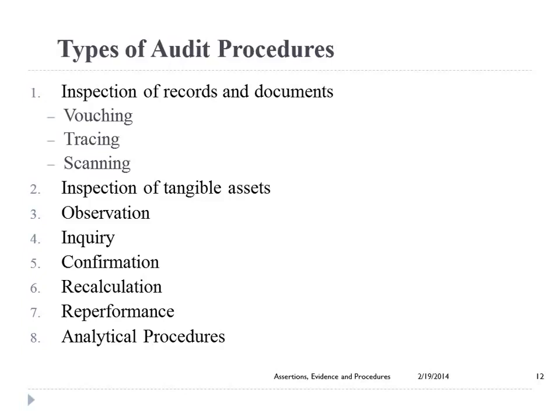So it can be performed during the planning stage, during the evidence collection phase, and during the completion phase. The standards require analytical procedures to be performed during planning and completion. It is optional to the auditor if they perform it as a means of evidence gathering during the testing phase.